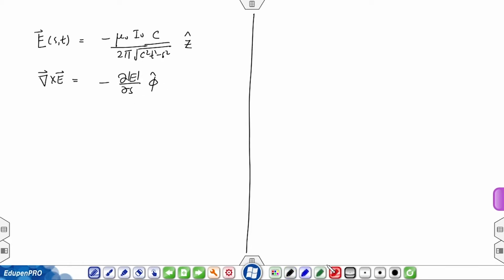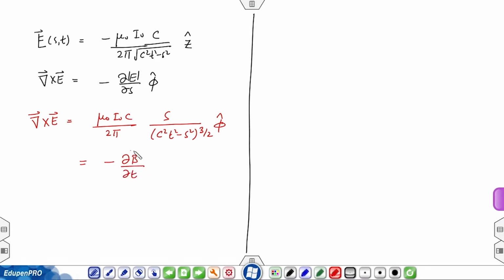You work it out, and curl of E then comes out to be mu naught I naught c over 2 pi, s over c square t square minus s square raised to 3 by 2, and this is equal to minus dB dt. So, one thing is clear, B is in the phi direction.